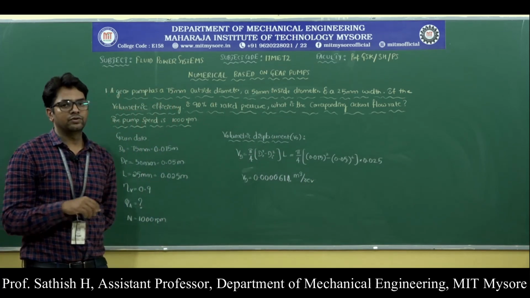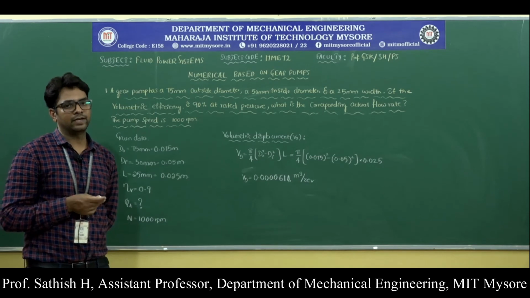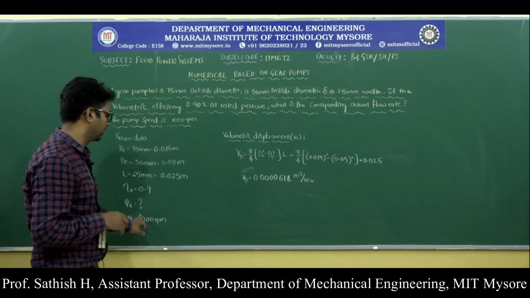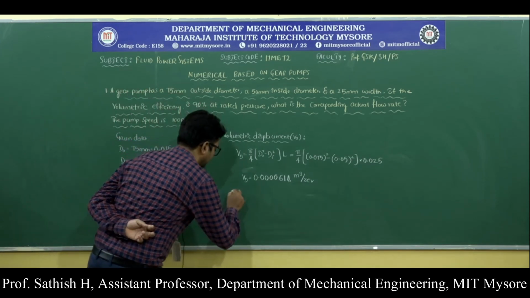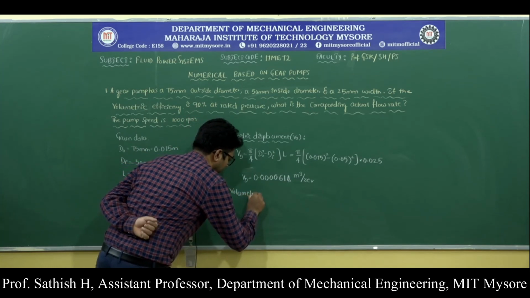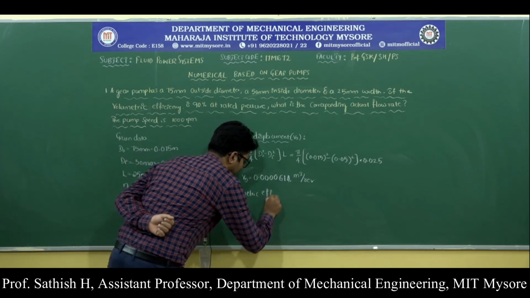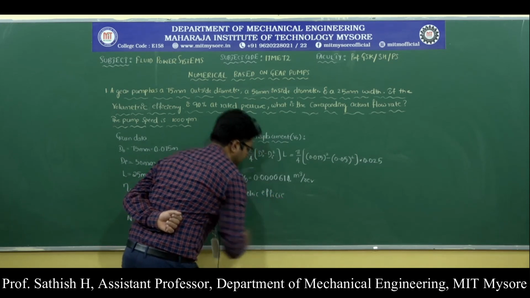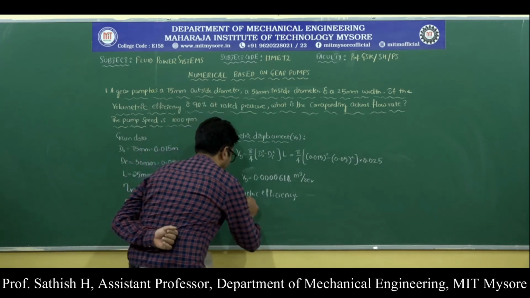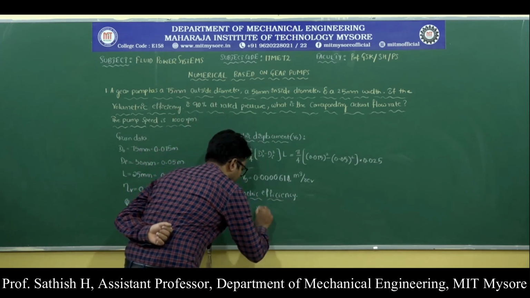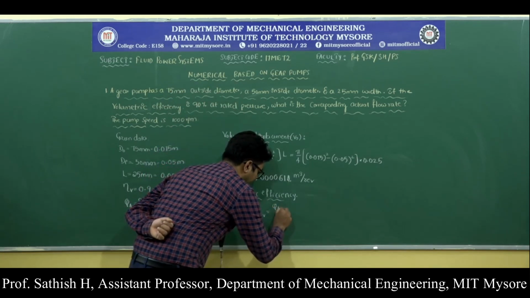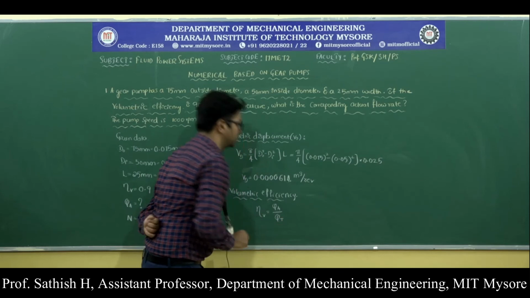Once you know this volumetric displacement, from that we can find out the actual flow rate, QA. For that we know that the volumetric efficiency nu V is equal to actual flow rate, QA, divided by theoretical flow rate, QT.